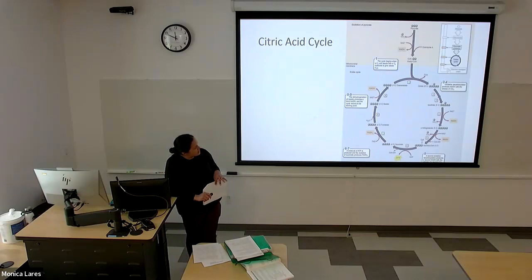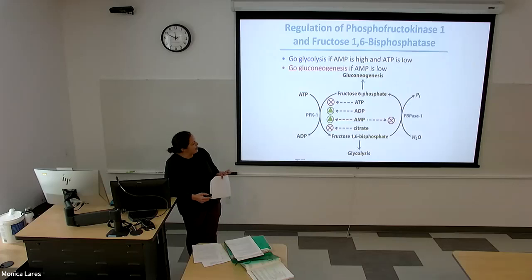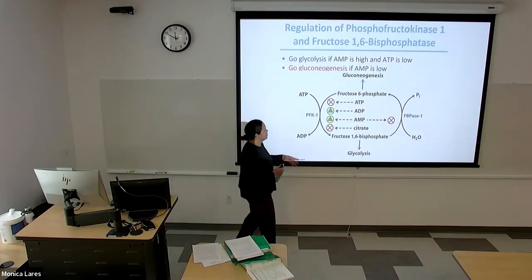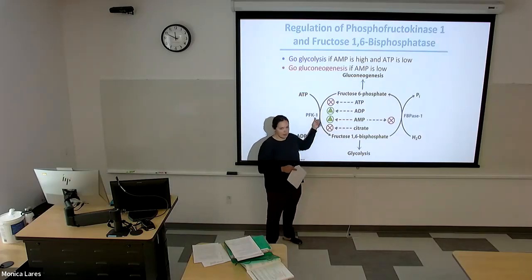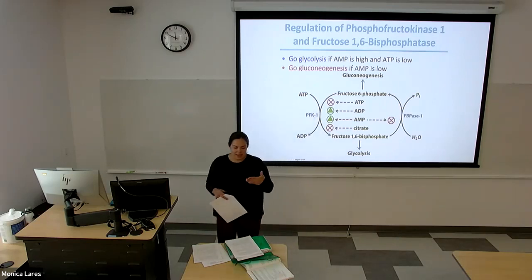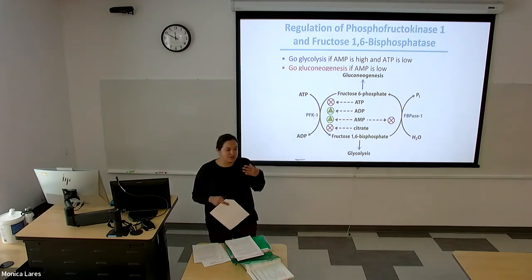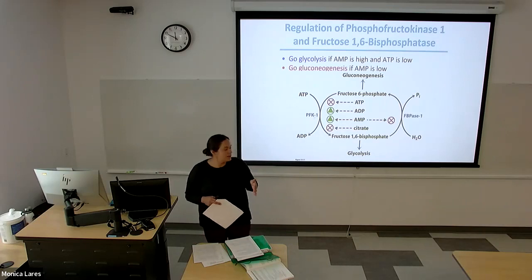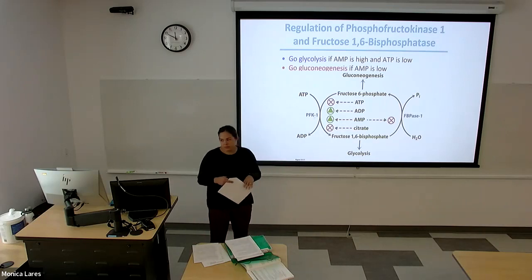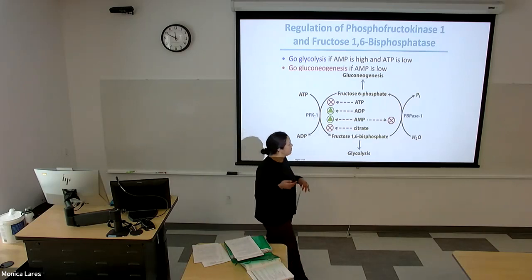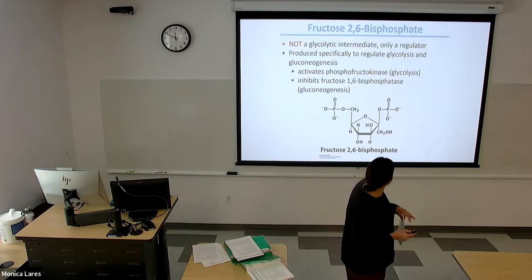So citrate is starting to build up. That's the first product of the citric acid cycle. If it's building up, that means there's not a demand for energy. And that's why something like citrate would come back and inhibit PFK1. Because it's saying if citrate's building up, that means there's not a demand for energy. It's like ATP building up here. And that'll come up again. Don't worry about that too much.